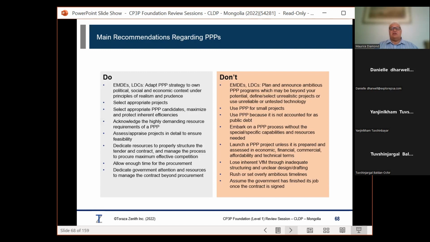And then don't assume that the government has finished its job once the contract is signed. Actually, certainly for government-pays PPPs, we have to see that there is a lot of contract management and oversight, probably more contract management and oversight than with a conventional project. Why?